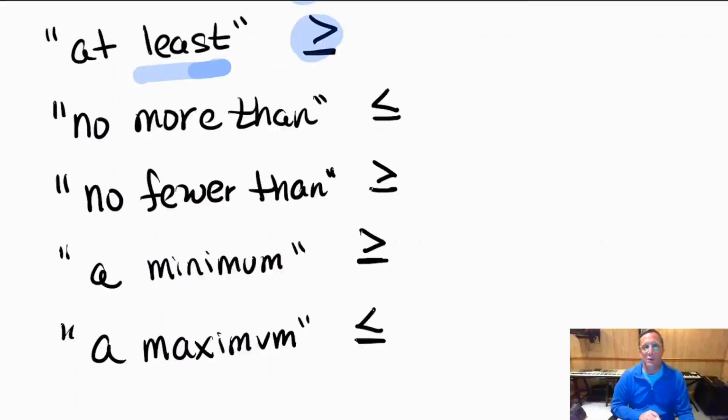But if you're driving at a minimum of 30 miles per hour, that means you didn't go less than 30. You went 30 or 31 or 32 or 33. So you went 30 or greater. Or a maximum. If you drove a maximum of 10 miles today, it means you went 10 or less. So less than or equal to.